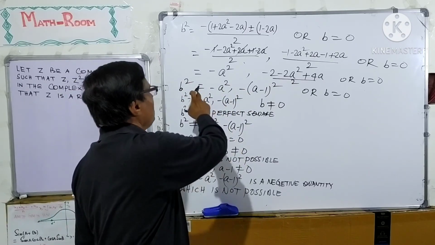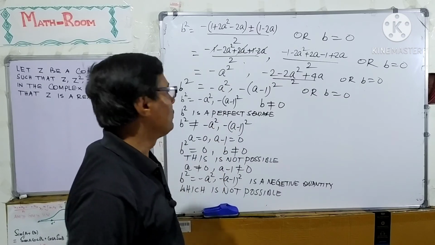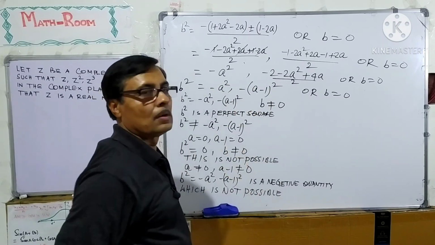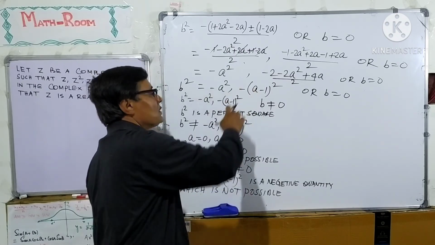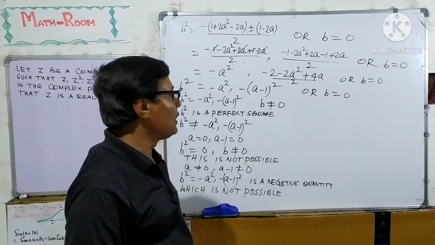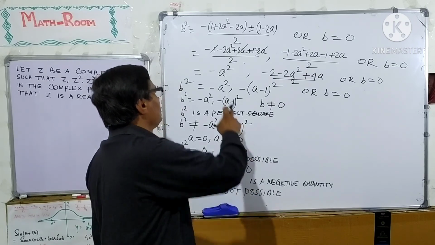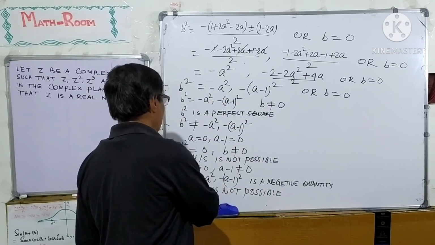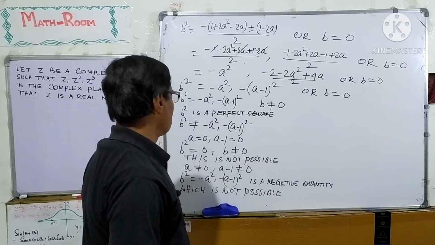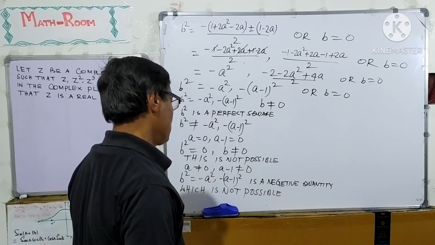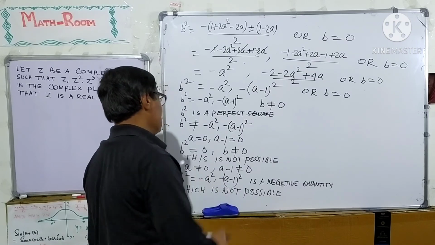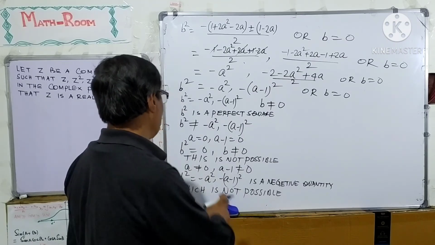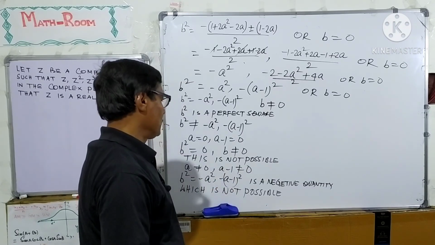B square cannot be equal to minus a square or minus a minus 1 whole square, because minus a square and minus a minus 1 whole square are all negative quantities, and also a and a minus 1 cannot be 0. So, b square cannot be equal to this, it is not possible.